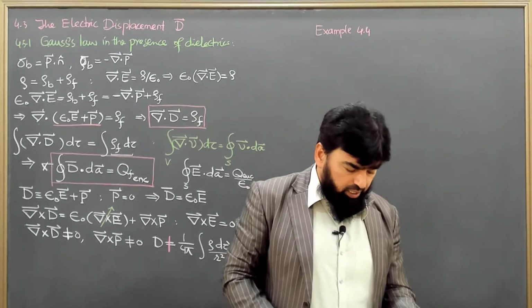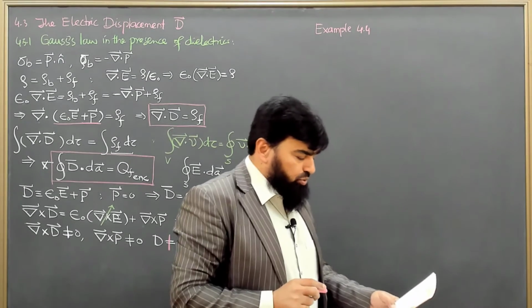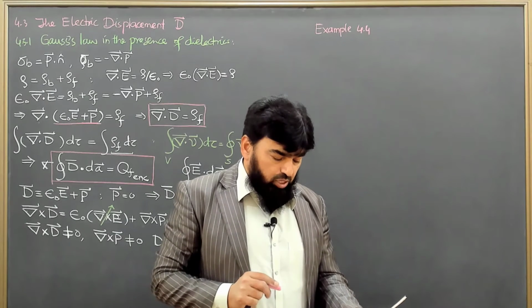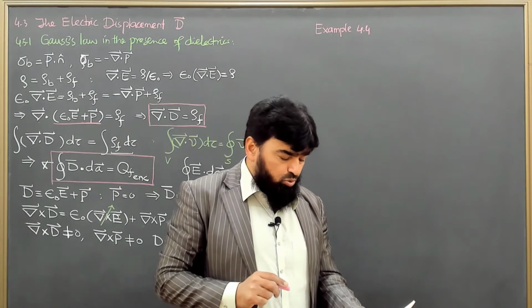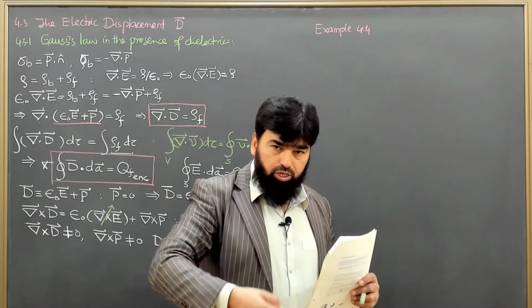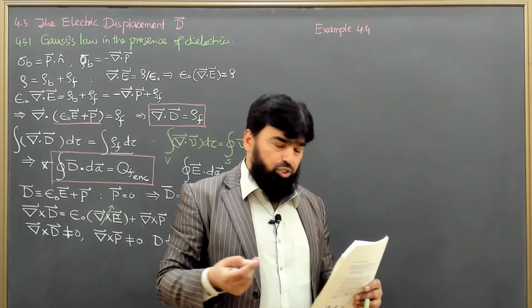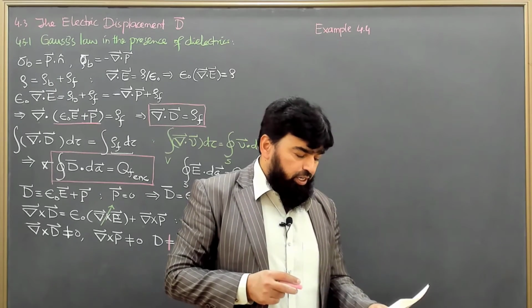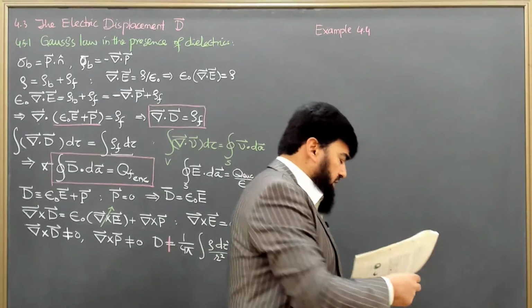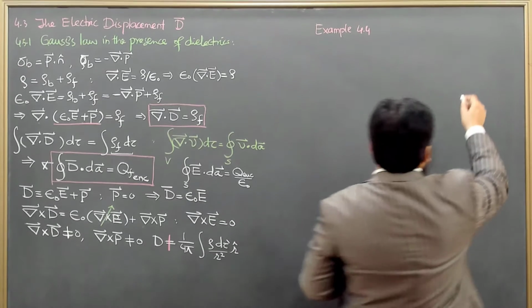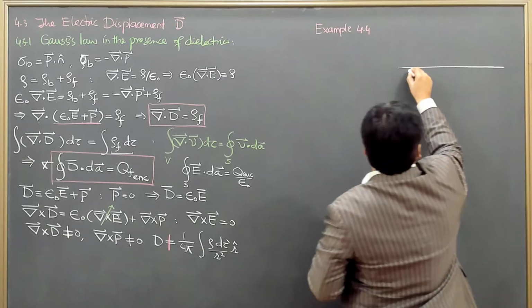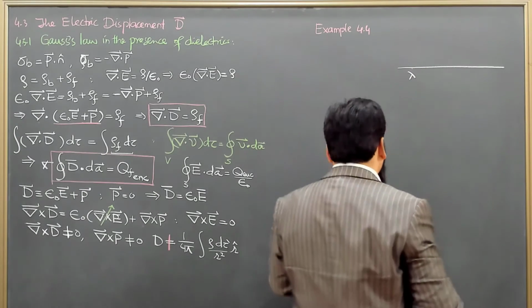The example is saying a long wire carrying uniform line charge lambda is surrounded by rubber insulation out to a radius A. Means that wire has been surrounded by a rubber insulation which is of radius A. Find the electric displacement. We are having a wire, and on that wire line charge density lambda is there.